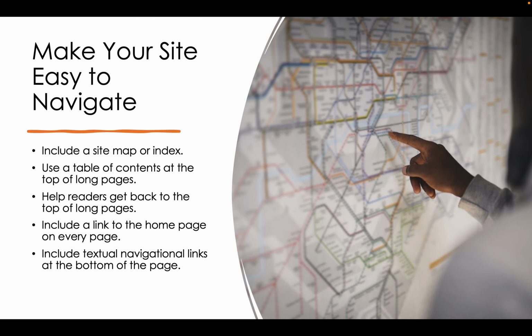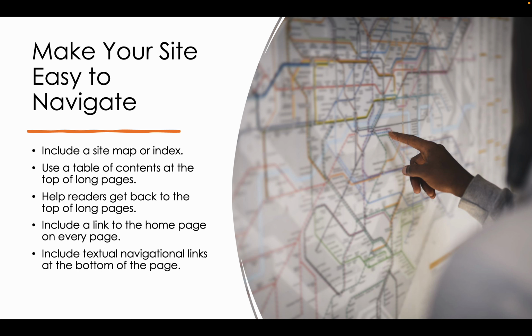So there's some things that you can do to make your site easy to navigate. Include a sitemap or an index. This is a separate page that lists every single part of the website. And a lot of times, if you have a lot of information on your website or your online document, this can be really helpful to your readers. If you have long pages of text, use a table of contents that has links that jump to certain sections.